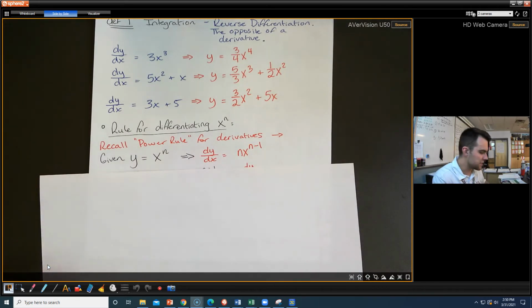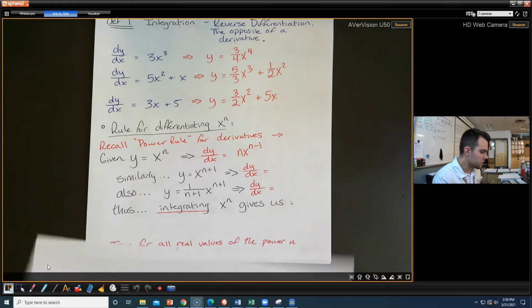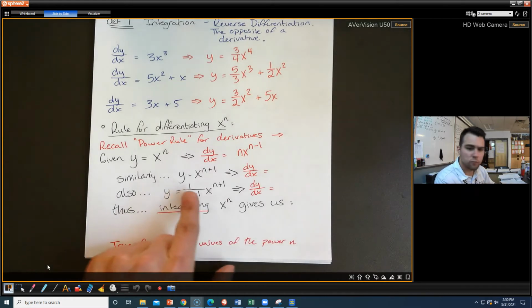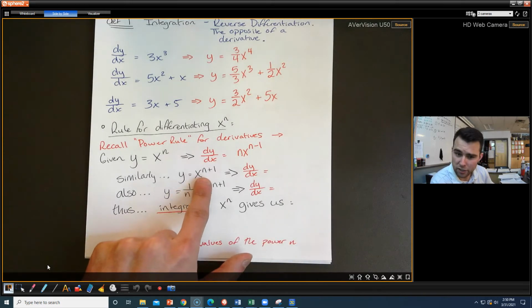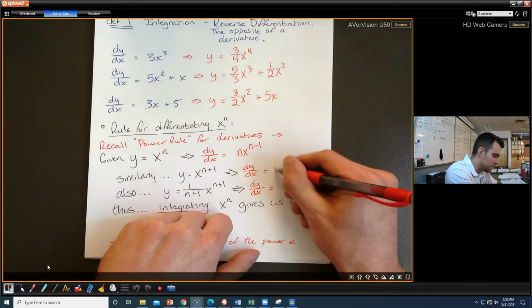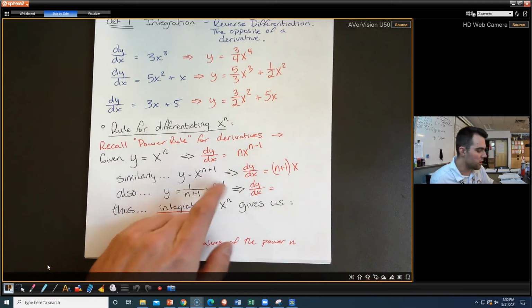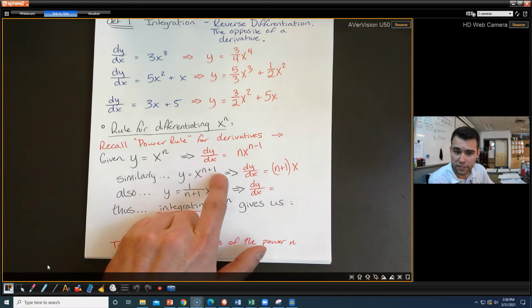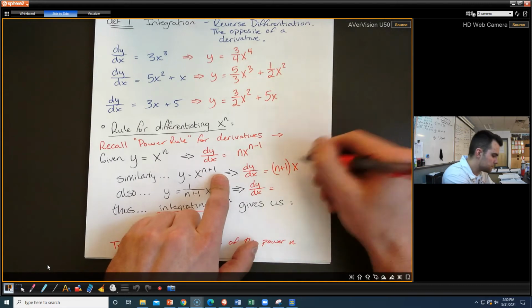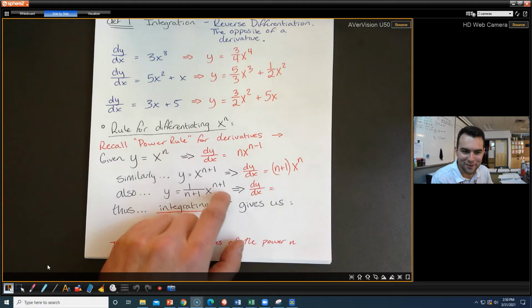Again, let's see this with different examples, kind of generalize this. Well, if I have y equals x to the n plus 1, I'm going to put that in front, okay? So that'll give me n plus 1. And that'll be x to the, well, I'm subtracting 1 off of this now, so I'm just left with n. Okay? I promise this will be useful, okay?